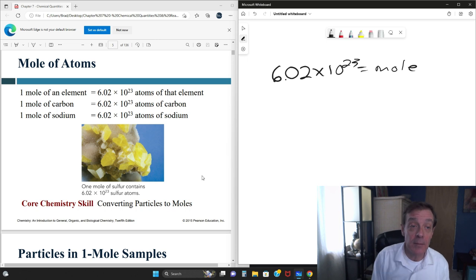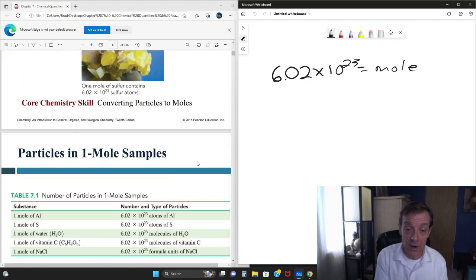Okay, so like I mentioned, a mole of something is Avogadro's number of an element, 6.02 times 10 to the 23rd. A mole of carbon is 6.02 times 10 to the 23rd atoms of carbon. And a mole of sodium, of course, is 6.02 times 10 to the 23rd atoms of sodium.